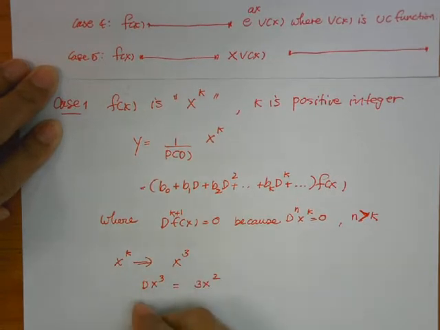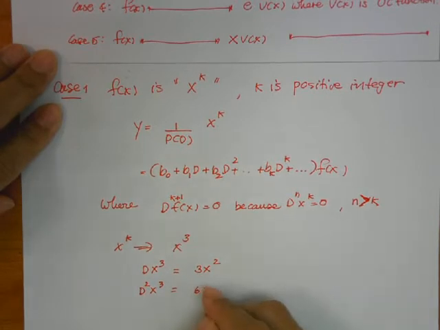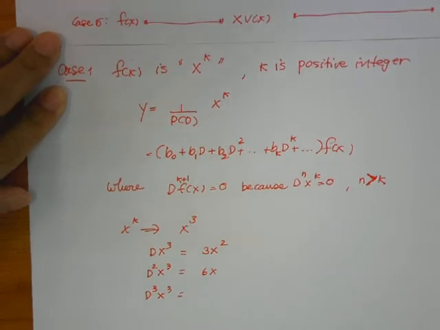When you do the second derivative, what do you get? When you do the third derivative of x to the power 3, 6. When you do the fourth, 0. And if you go higher to the power n, you still get 0.